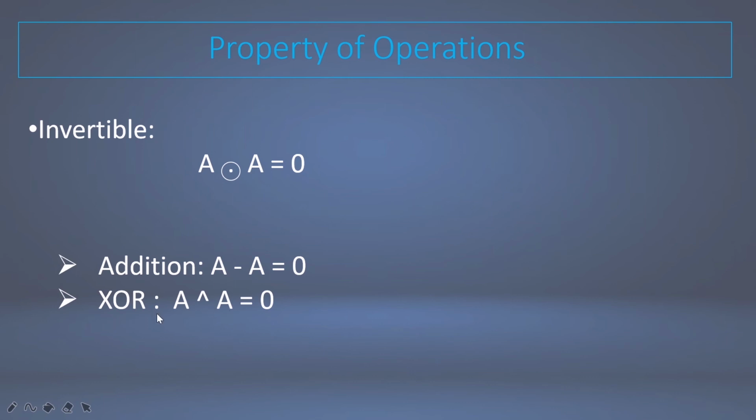So what XOR does is that if we do XOR of two values, the corresponding bits of the two elements, if the corresponding bits are same, then it gives 0, otherwise it gives 1. Okay, so here a XOR a means two values are same, so all the bits of these two elements will be same, right? So all the bits will give 0, so the result will be 0 also.